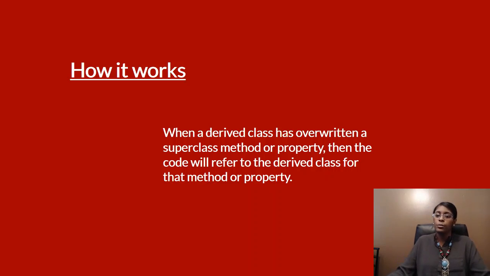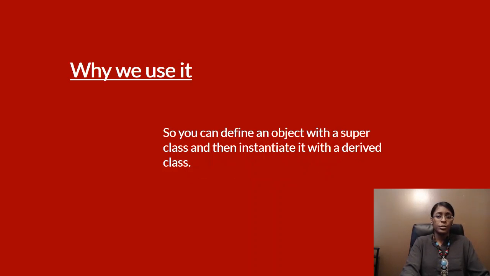It's really that simple. And the last thing we need to know is why we use it. So the main reason we use polymorphism is because sometimes when we're writing code and building out a project, we don't exactly know how many parameters we'll need up front.